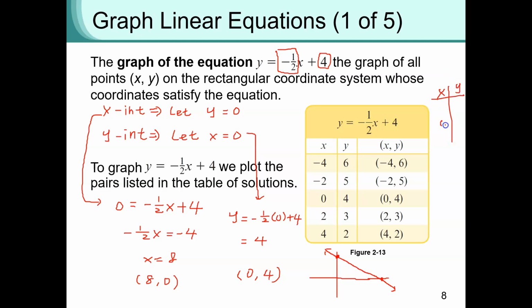I will pick 0, 1, negative 1, 2, negative 2. That's an easier way to plug those points into the equation and find the y value. So you can determine your x point, plug it into the equation and get the y value, and from there, you can sketch the graph.